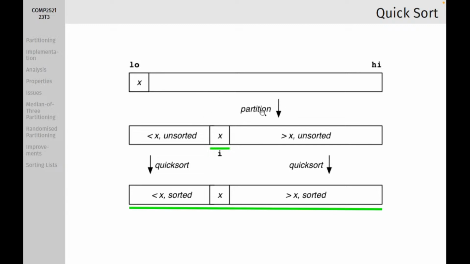After we've partitioned the array, the pivot will be in the middle somewhere, all the elements on the left will be less than or equal to the pivot, and all the elements on the right will be greater than or equal to the pivot. Both of these partitions are unsorted, so what we'll do next is recursively quicksort each of the partitions. After we do that, the array will be sorted.